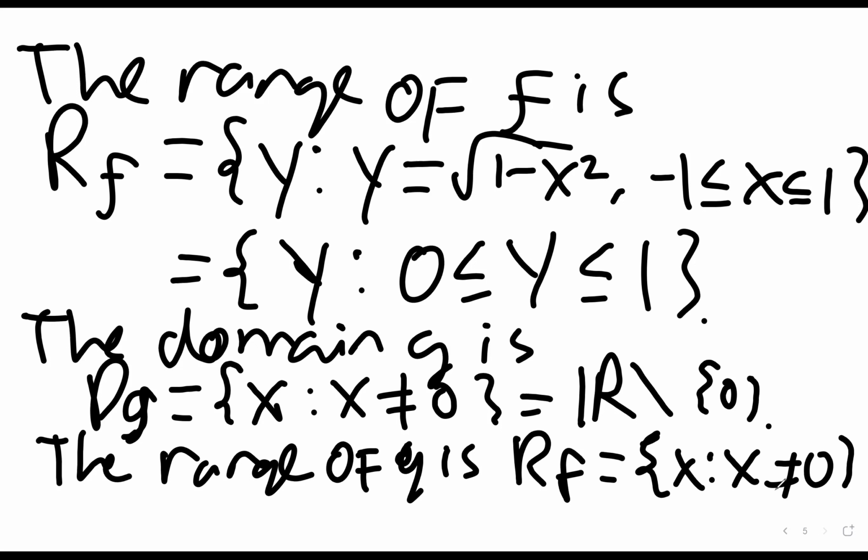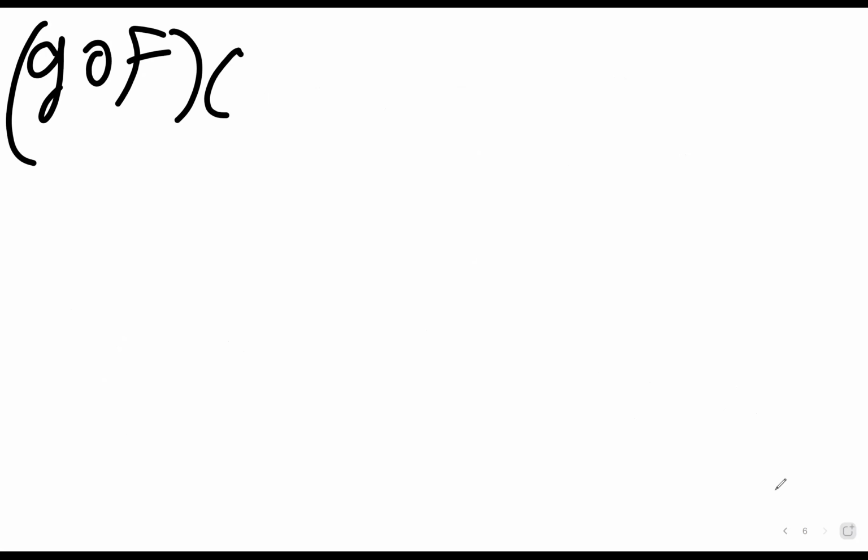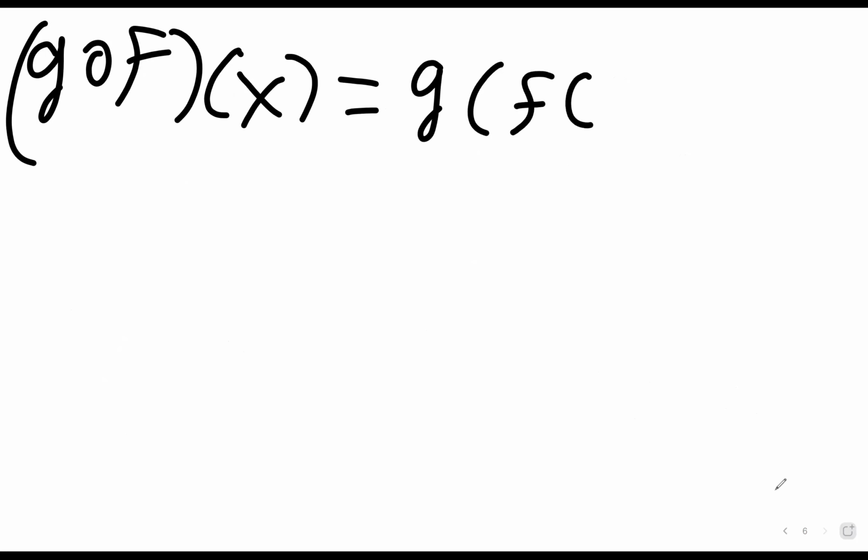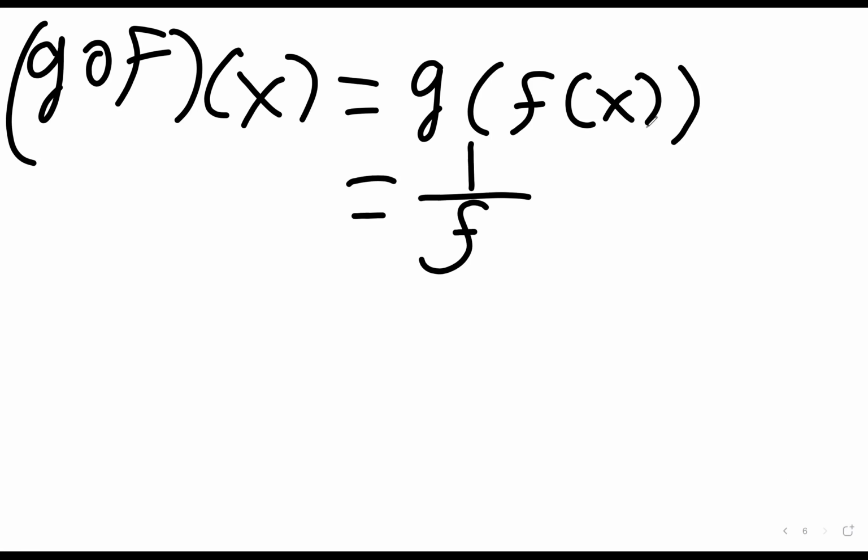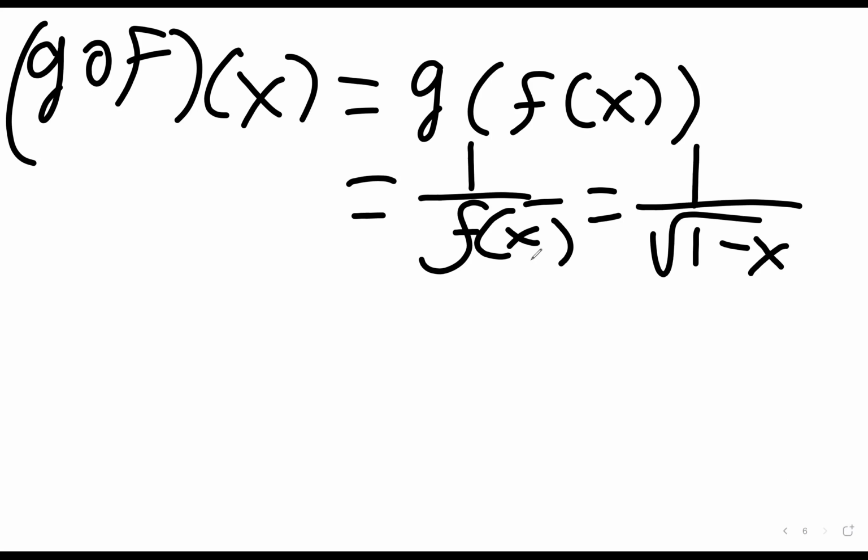Now, what happens if we consider the composition of the functions here? If you want to know the domain of g composite f, then you have to consider g evaluated at f of x. That will be 1 over f of x, and this is 1 over square root of 1 minus x squared.